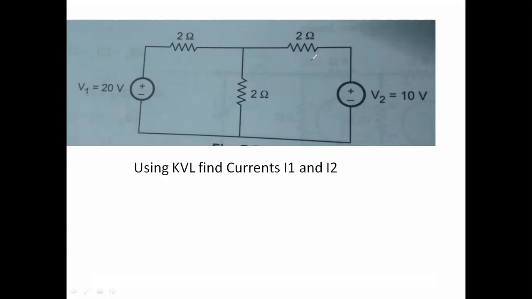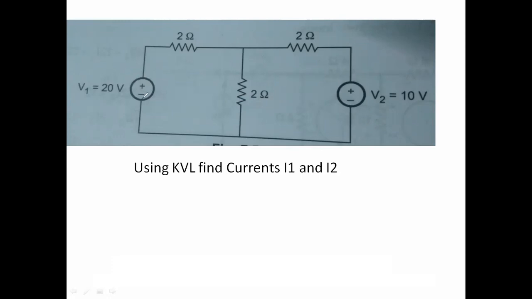So it is an active circuit, because if a voltage source or current source is present in the network, we call it an active network. If there are no voltage sources or current sources, then that network is called a passive network.